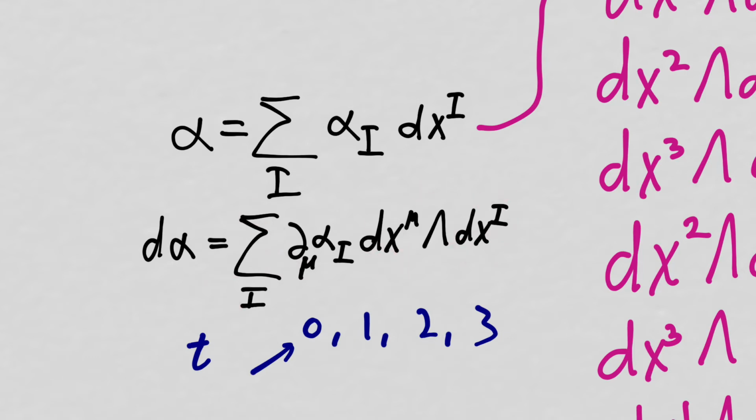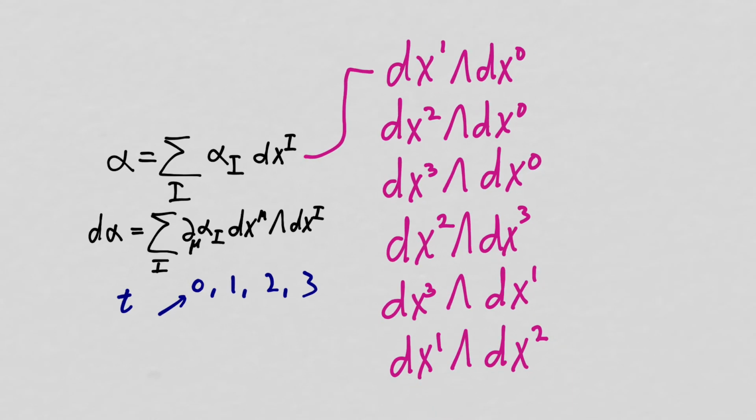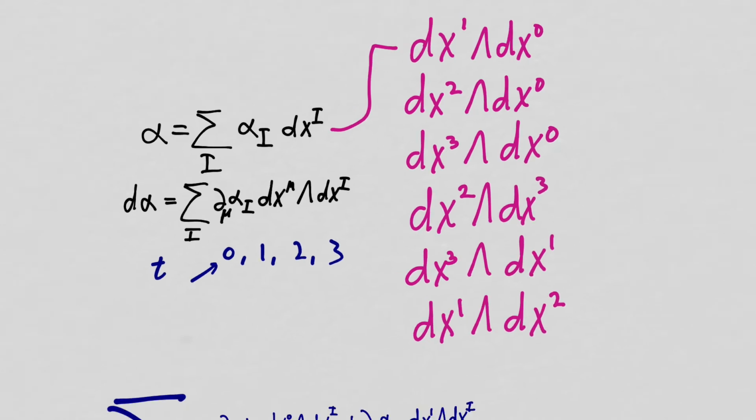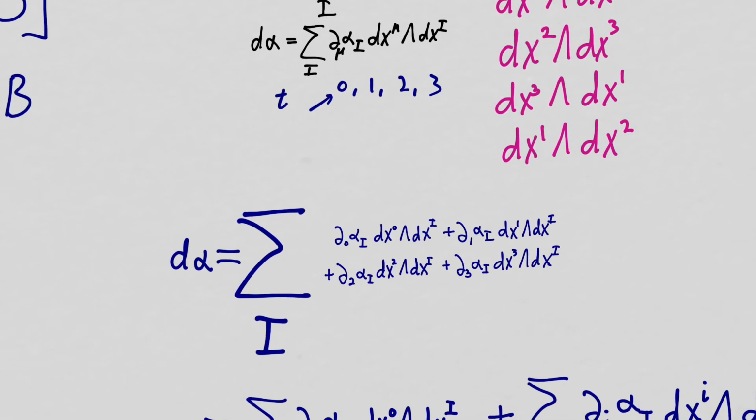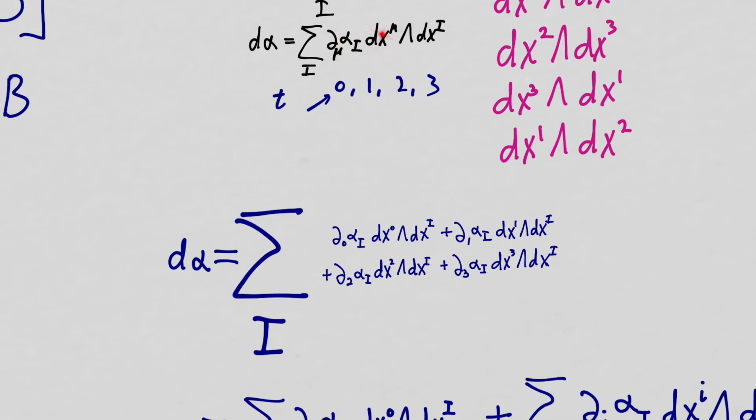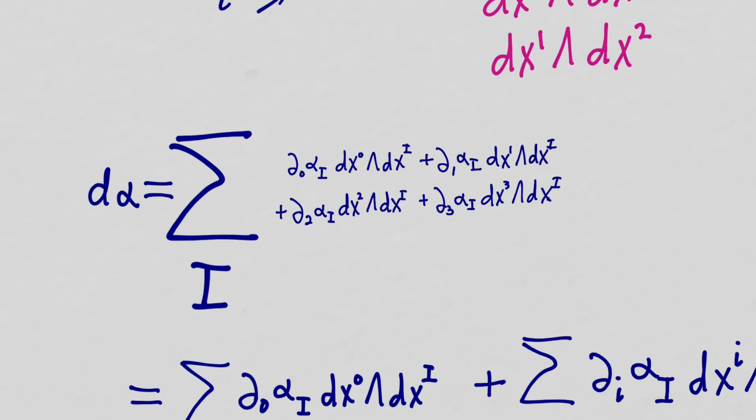So this exterior sum is a sum over these multi-indices, and this interior sum is a sum over the space-time indices. So this allows you to break this down, right? If I blow up this interior sum, this contraction, I get these four terms. There's this time term, where we have the time derivative of the coefficient, and then we wedge the time one form with the multi-index.